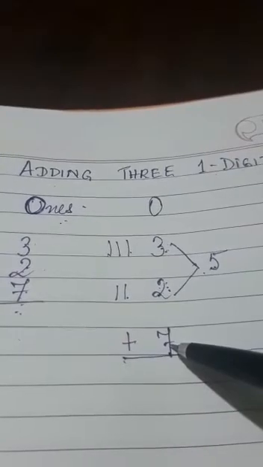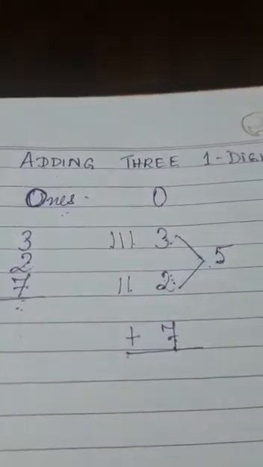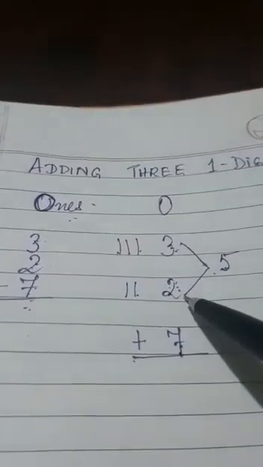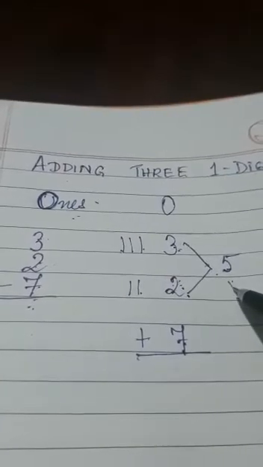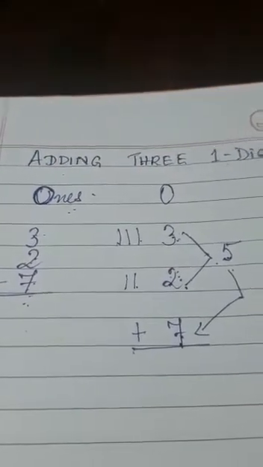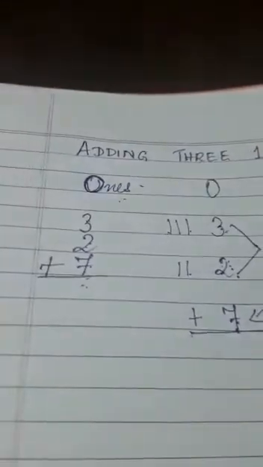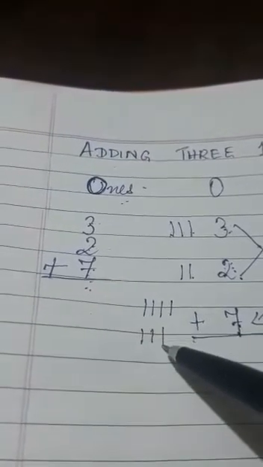Now you have one more number, isn't it? That means 5 is here. Then again you add this 5 with this 7. 5 is already here, plus 7. So you draw 7 lines. 1, 2, 3, 4, 5, 6 and 7.